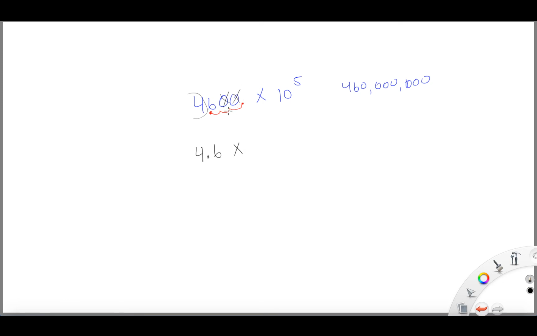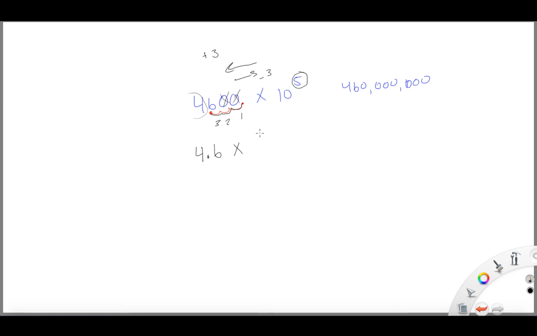But because we moved this 1, 2, 3, I count them, 3 positions, that changes this number. Because we moved it 3 positions to the left, we have to add 3. If we moved it to the right, we would subtract 3.